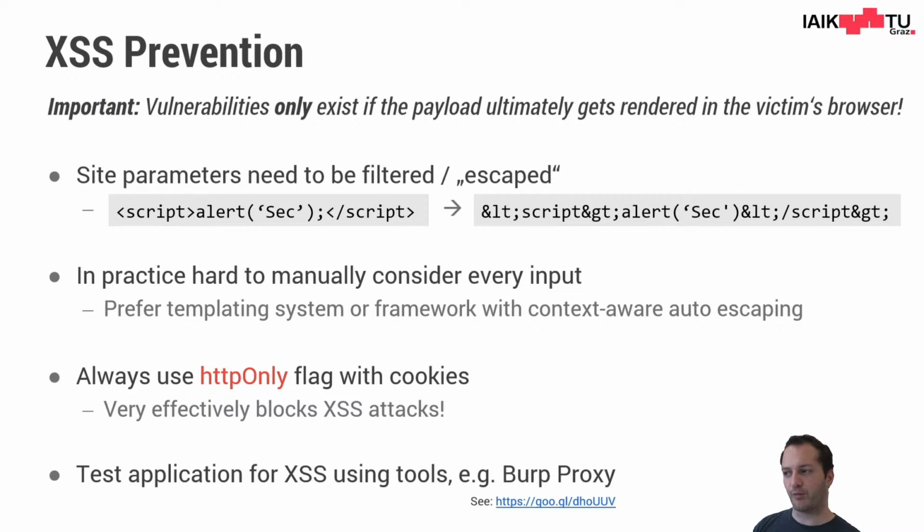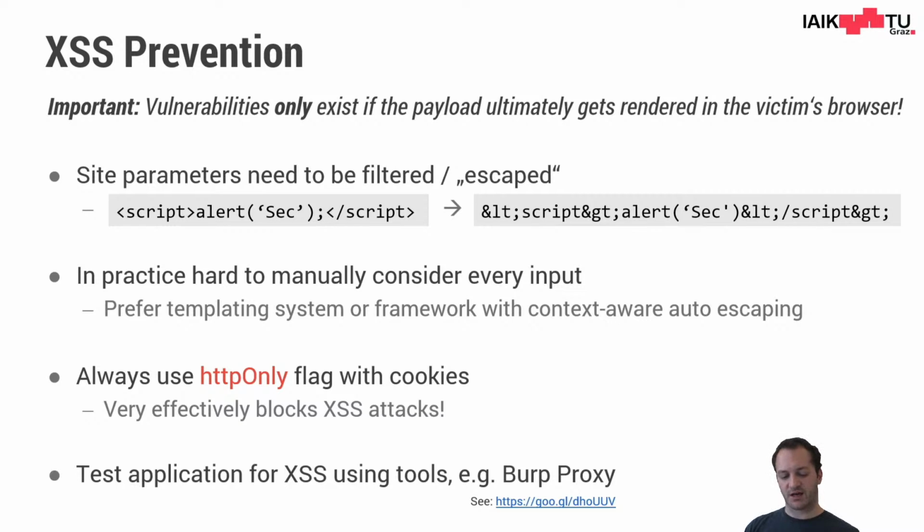Because cross-site scripting is only a thing if the payload gets rendered in the browser. So in many cases, even if a website is vulnerable to cross-site scripting, the actual problem only becomes real if a payload can actually get rendered in the browser.